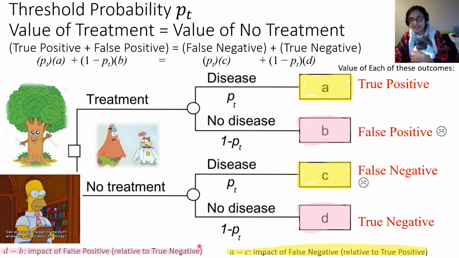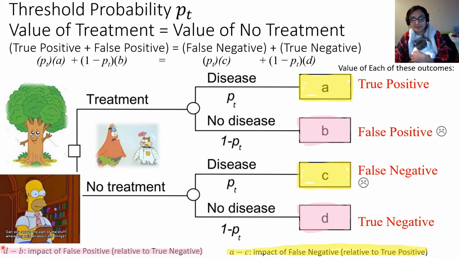This part here is the actual truth, whether you have the disease or not. But this is whether a doctor predicts you should go for treatment or not. So if we do not have the disease, we would be comparing no treatment, which is ideal. You don't want to be treated if you don't have a disease. But what would happen if we went for treatment, which is comparing B with D?